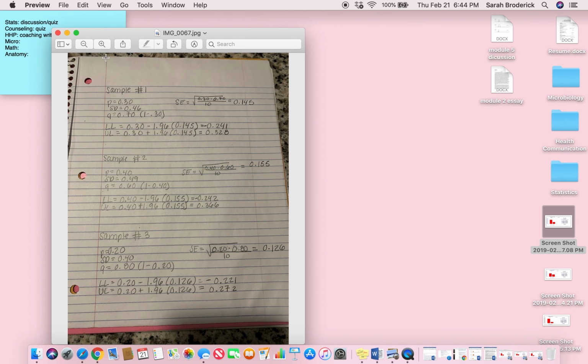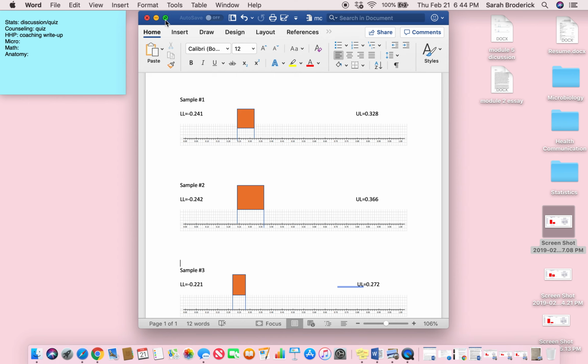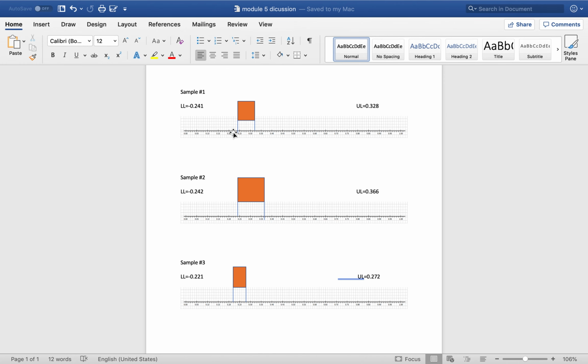For number 3, I got 10 times P, or 10 times 0.2, as 2, and 10 times 0.80 as 8. So again, no, they did not meet the success-failure condition. From here, we will move on to the number lines that I came up with.